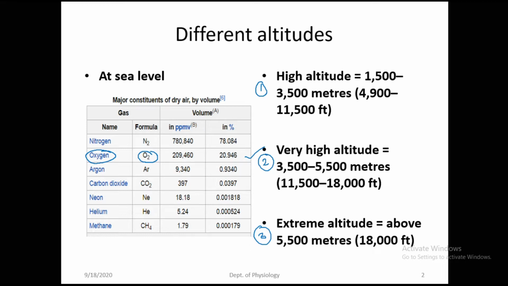The atmosphere on the surface of the earth, supposedly this is the earth, has different layers. If you look from space, this complete layer appears to be a blue color because of the atmosphere.